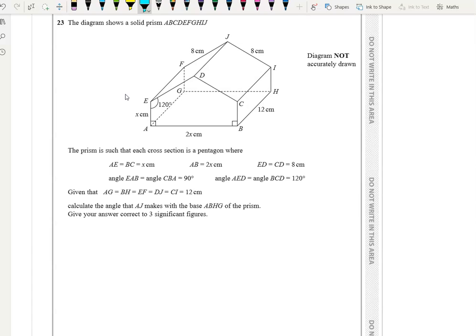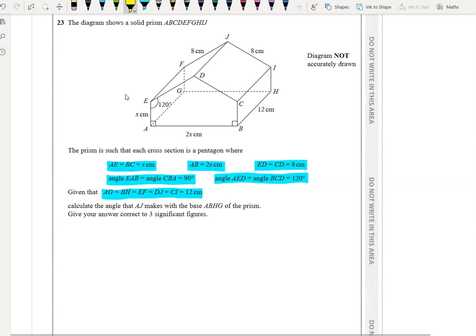The prism is such that each cross section is a pentagon where AE and BC are each x centimeters, AB is 2x centimeters, ED and CD are 8 centimeters each, angle EAB and angle CBA are 90, angle AED and angle BCD both are 120 degrees, sides AG, BH, EF, DJ and CI are all 12 centimeters each. Question is to calculate the angle that AJ makes with the base ABHG of the prism.